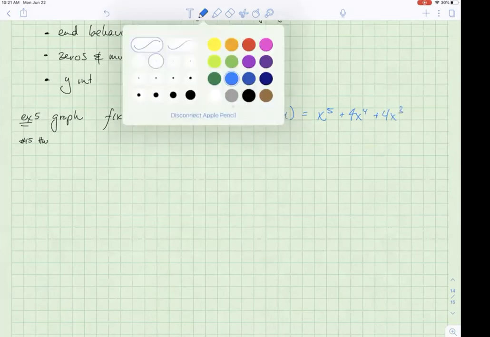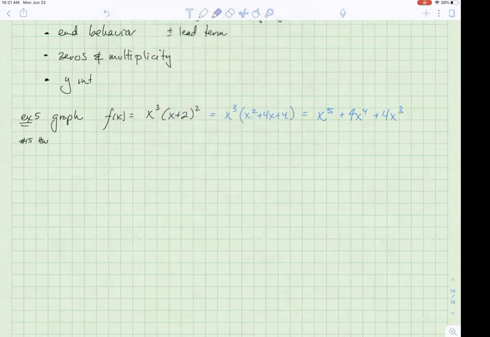The reason I multiplied that out was so that I could look at my leading term. So this is the lead term. The degree here is 5. It's odd. That's the highest occurring power of x.